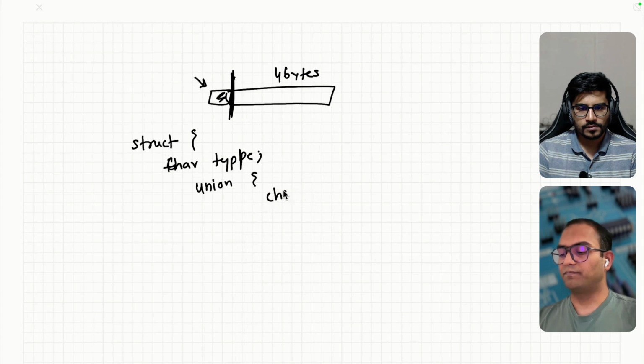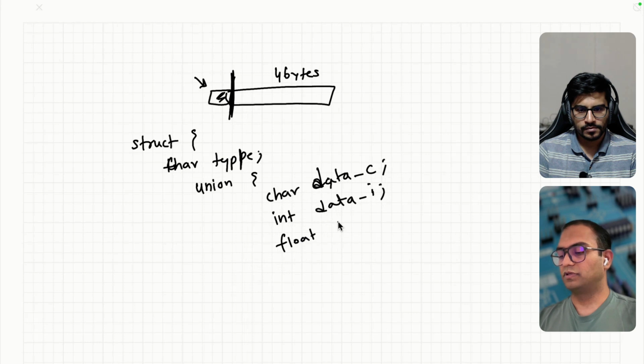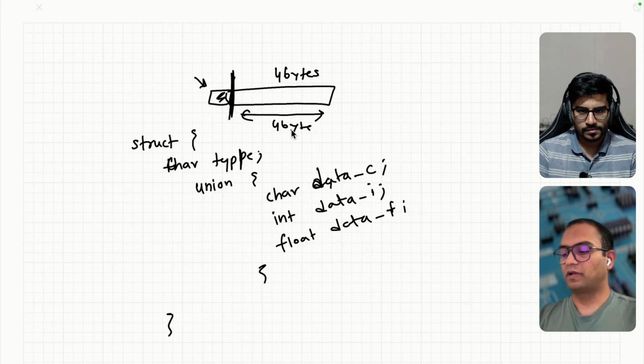Let's say it has character data, data_c, or it has int data, data_i, and it has float data, data_float. Right? So 4 bytes here and 1 byte here.